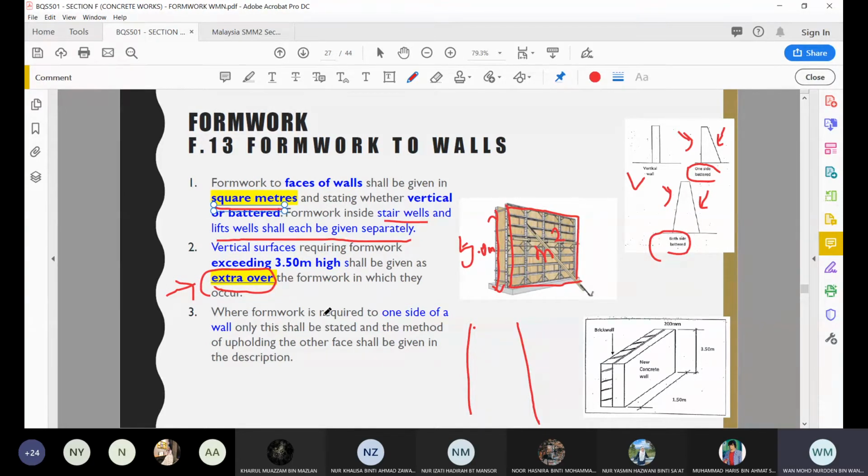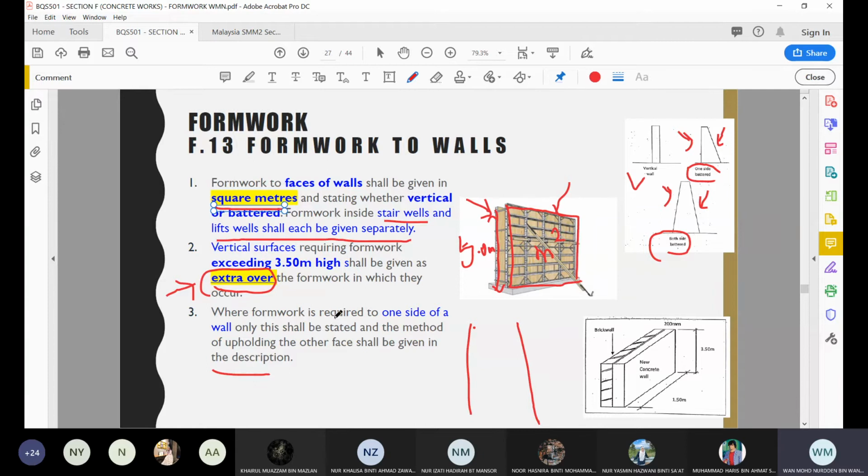Number 3, where formwork is required to be one side of wall only, this shall be stated and the method of upholding the other face shall be given in the description. Maksudnya hanya sebelah saja yang kita akan buat. Kita buat wall, by normal situation, bila kita buat formwork untuk wall, kita akan buat both sides. Satu kawasan kat sini, sebelah kat sini, sebelah lagi kat belakang ni.